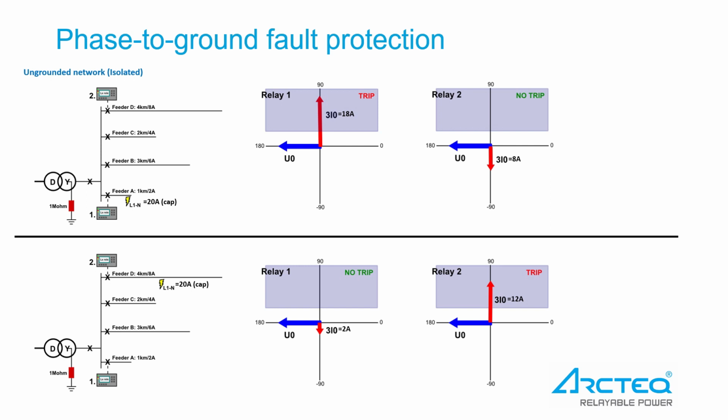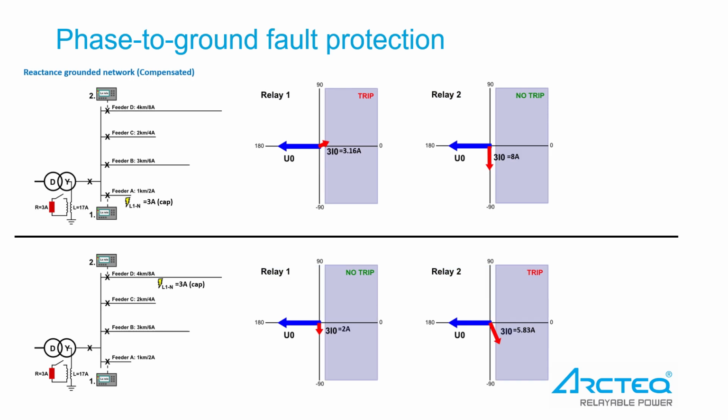Since the tripping area is on the capacitive side, relay number 2 is not going to perform a trip. In the second faulty situation below, it can be noticed that when the fault is in feeder D, relay number 2 measures 12 amps of capacitive current flowing towards the fault and will trip the faulty part of the network. Relay 1 sees only 2 amps of capacitive current flowing in the reverse direction and does nothing.